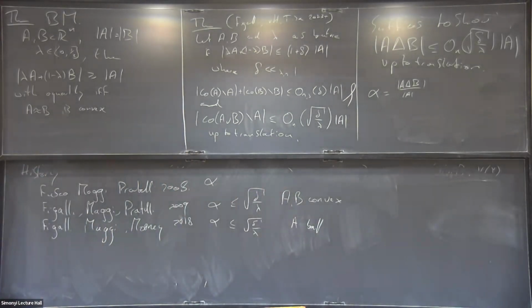Again, you can see this as sort of an isoperimetric inequality in the case where you don't measure the surface area by some infinitesimally small ball, but actually by a ball of some constant radius.